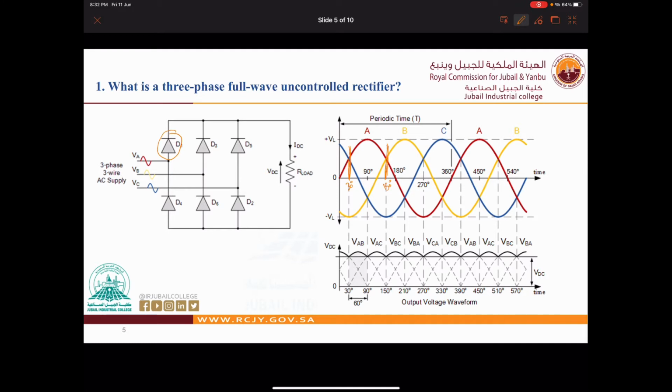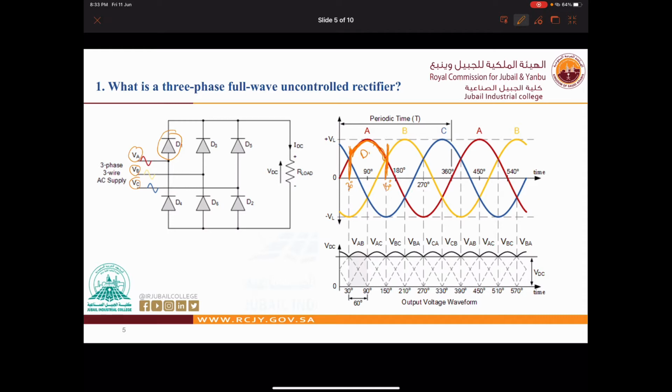In order for D1 to conduct, VA must be bigger than VB and VC, same as the three-phase half-wave rectifier. In this period, VA is bigger than VB and VC, so D1 is going to be conducting.